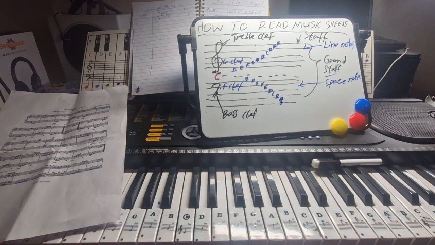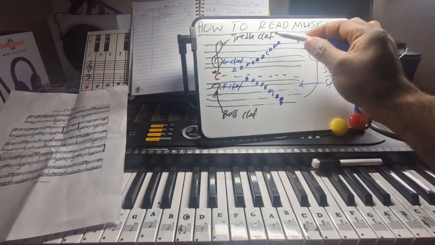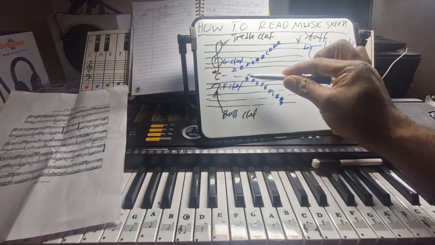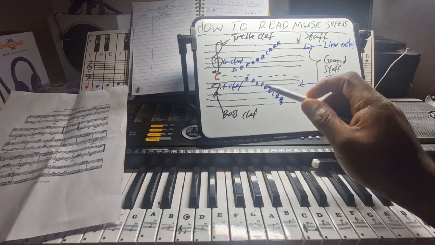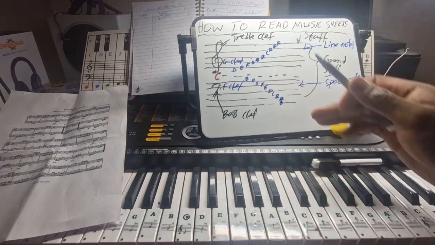One thing to note is that with piano, when going to the right, you read accordingly, and when going to the left, you read backwardly. That's why you see B, A, G reversely.